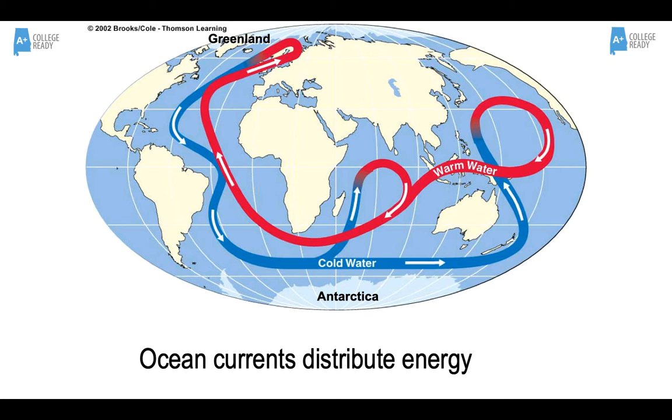They carry warm water with them, and that actually can warm the air above them. So you may have some areas in the world where you think would be extremely cold, but are fairly mild, such as the British Isles, thanks to the warm current of water that goes from across the Atlantic Ocean north.